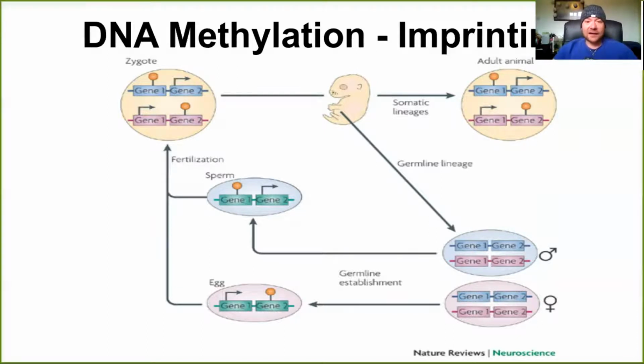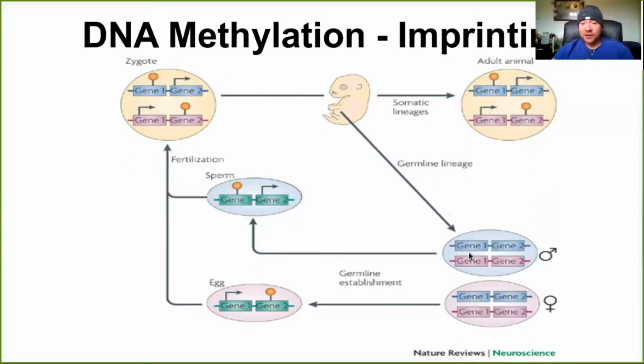So we have here an embryo which develops and creates somatic cell lineages. Somatic cells are just the cells of your body, heart, liver, brain, etc. But there's also germline lineage, the eggs and the sperm.